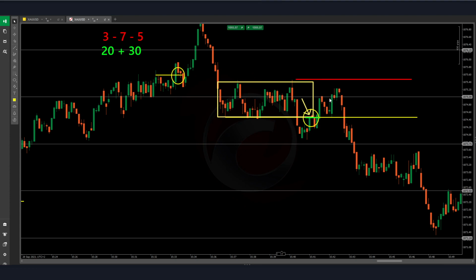We get into a little bit of a drawdown, but since gold doesn't have a huge spread, it's usually 1 pip or less, this is safe. And when the price starts to move down in our direction, that's where we can adjust the stop loss and place it above here. It doesn't make much of a difference, but still it's 1 or 2 pips.